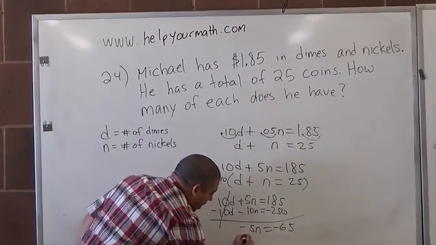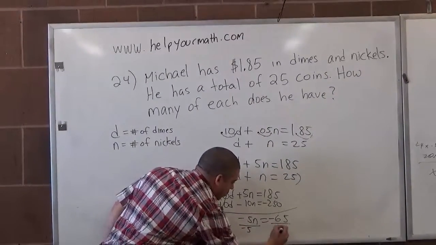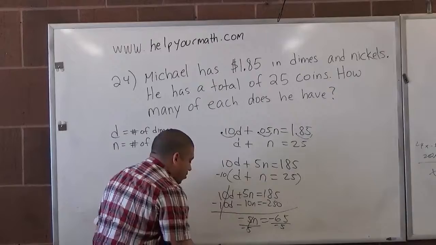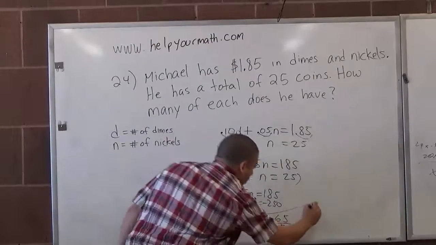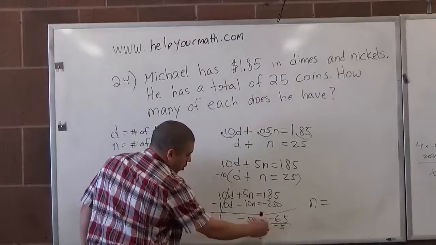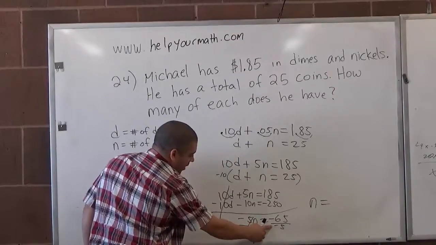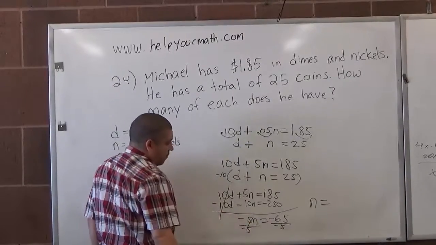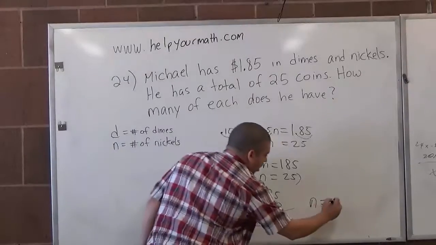And now I want to divide out this negative 5, and you're going to be left with N equals, a negative divided by a negative is positive, and 65 divided by 5 is going to give you 13.